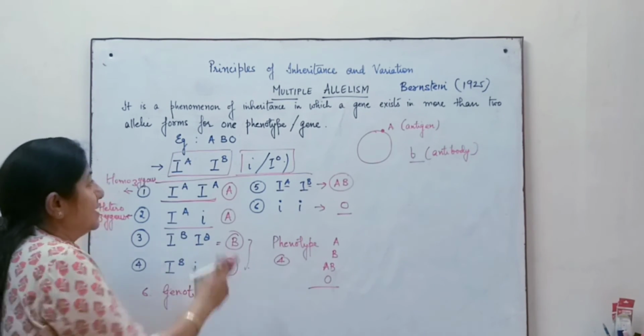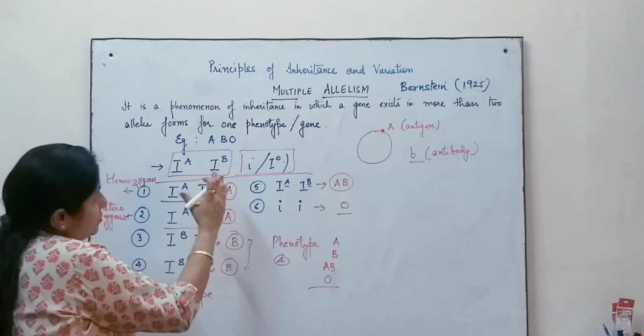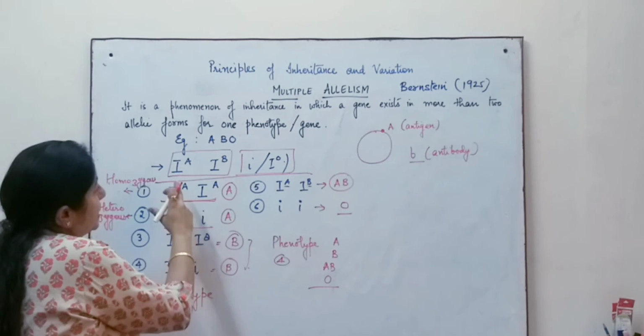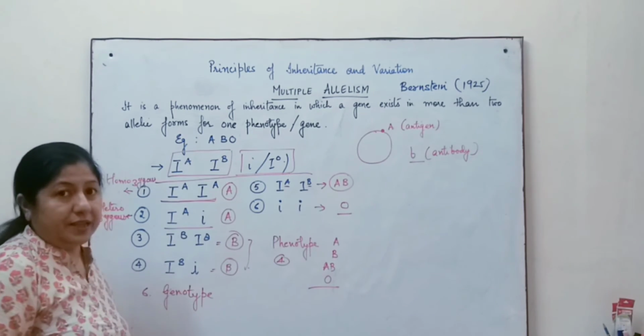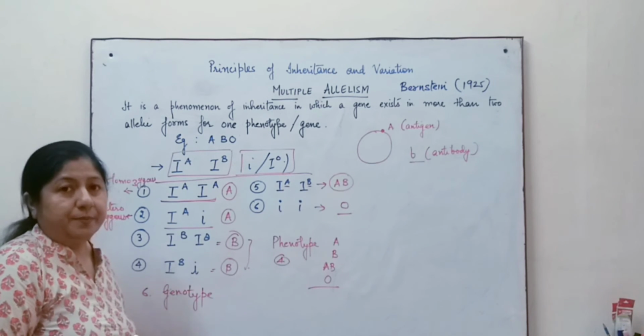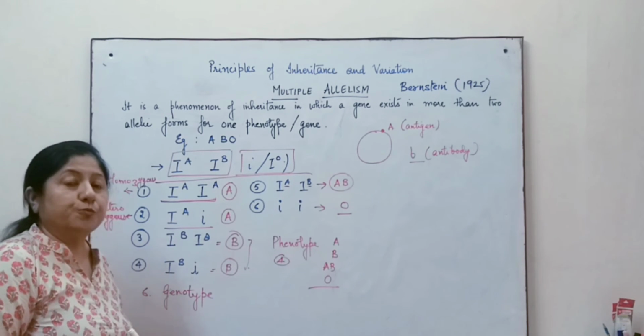So this example shows multiple allelism, in which a gene exists in more than 2 allelic forms and regulates one phenotype, that is the blood group.